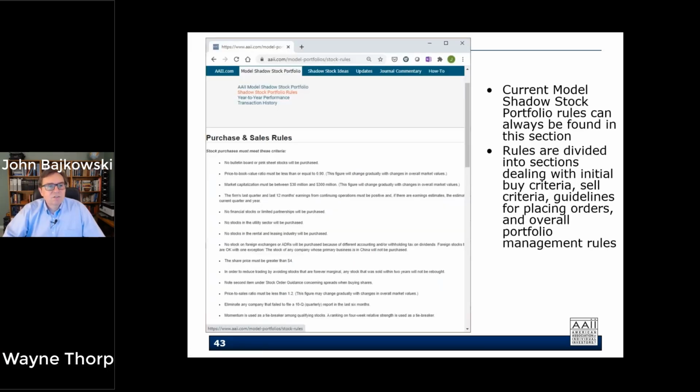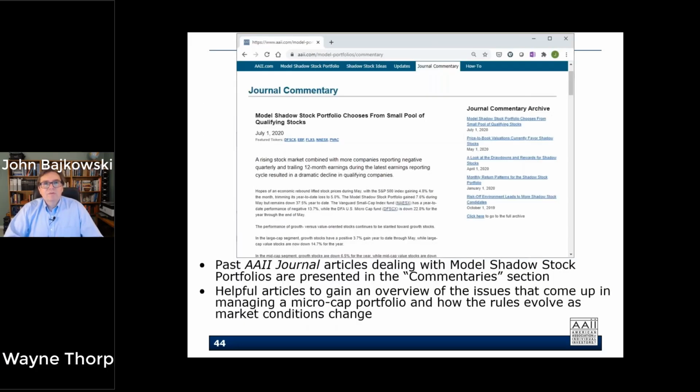If you want to review the rules, click on the Model Shadow Stock Portfolio tab, where there's a section called Shadow Stock Portfolio Rules. As they change, they'll be explained here. And we write about the shadow stocks in the journal, so you can look at the journal commentary.